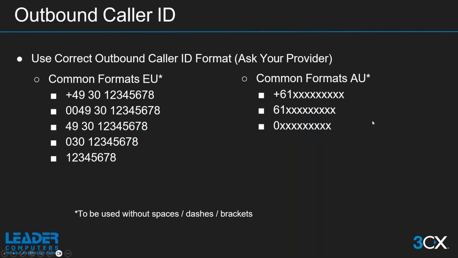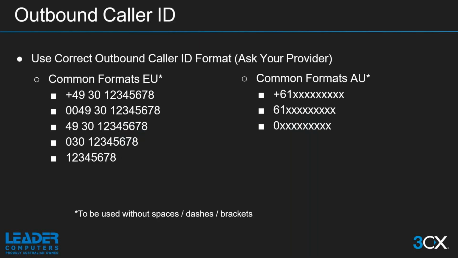And use the correct outbound caller ID formats, because different providers work with different caller ID formats. Some providers accept +61, some providers accept 61, and some providers accept 08 or 03 or things like that. So make sure you always ask the provider which format they prefer, and follow that format.